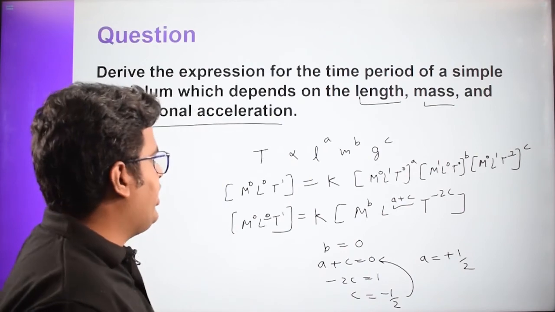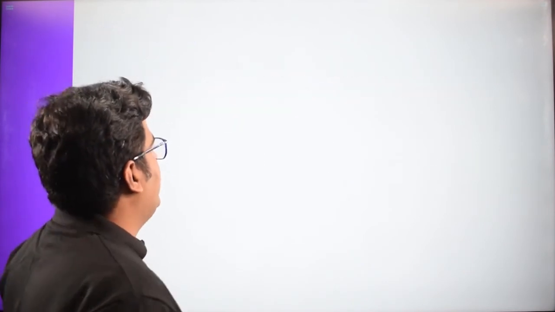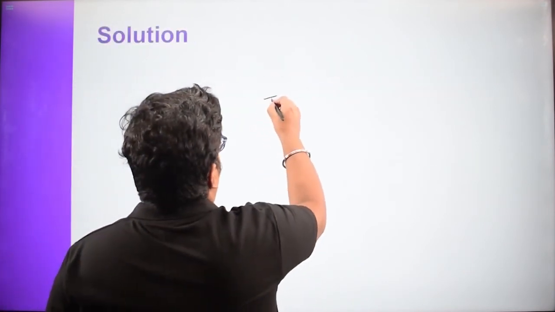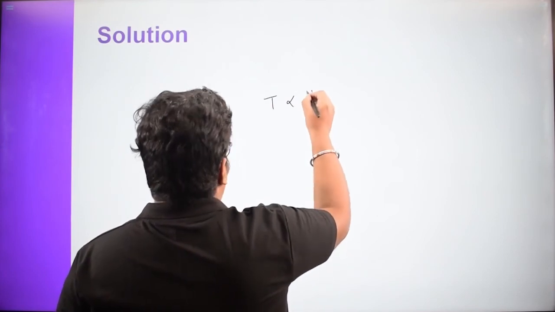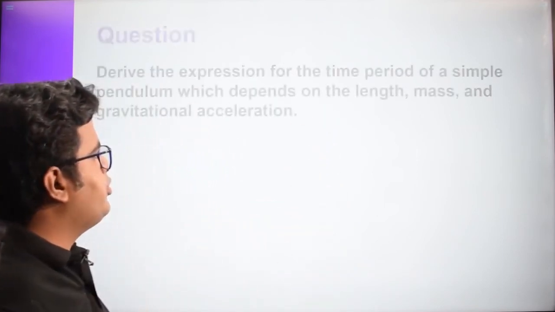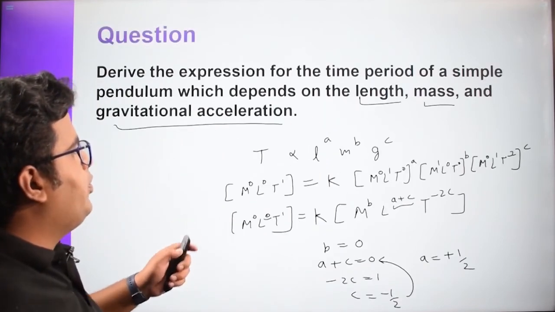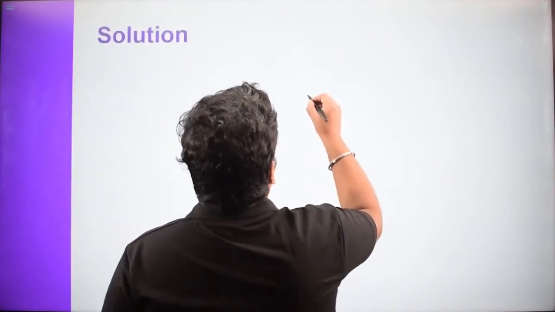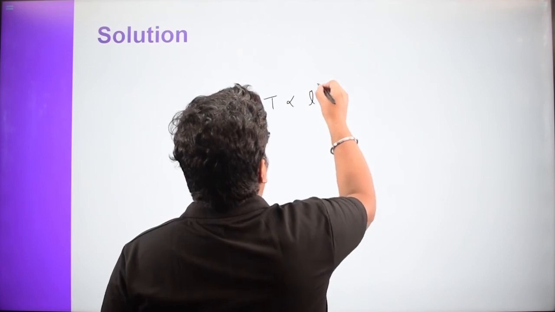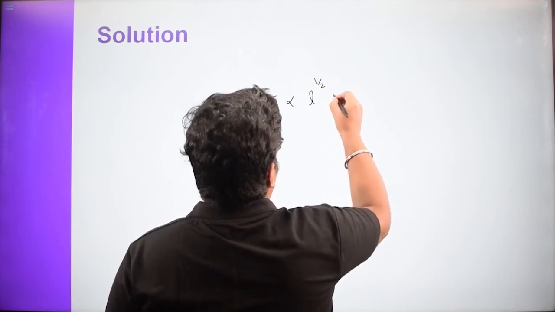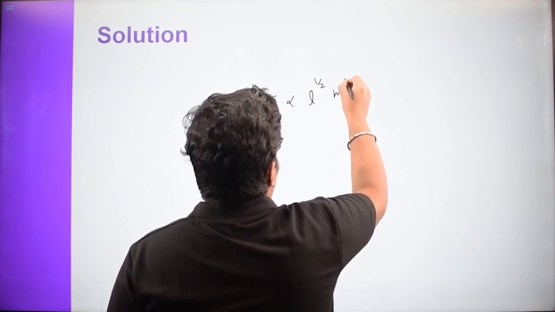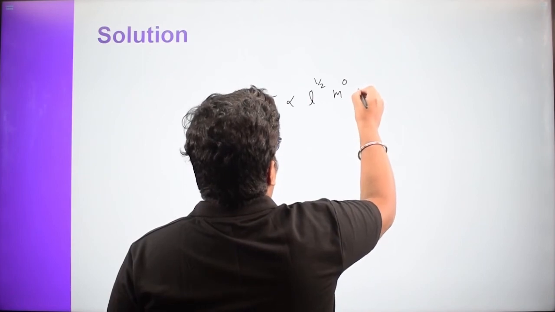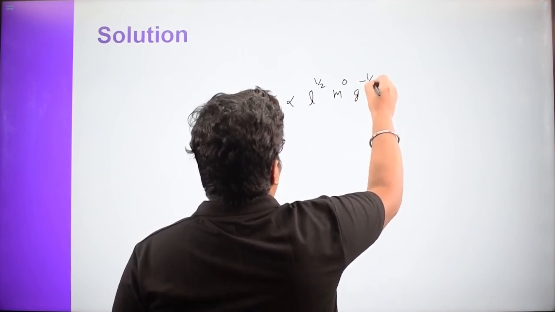So basically we can write this expression further as time period directly proportional to L to the power A, M to the power B, and G to the power C. So we'll have L to the power 1 by 2, M to the power 0, and G to the power minus 1 by 2.